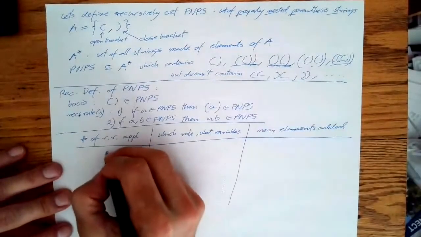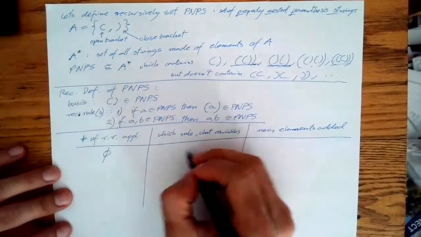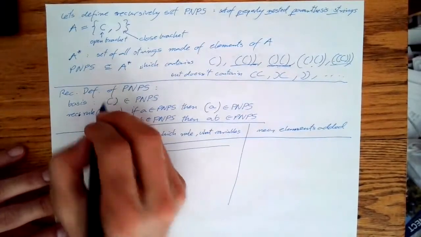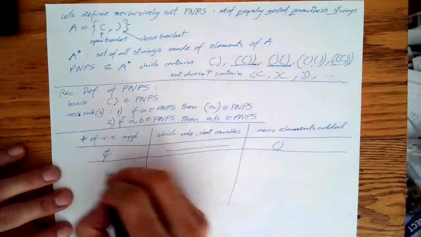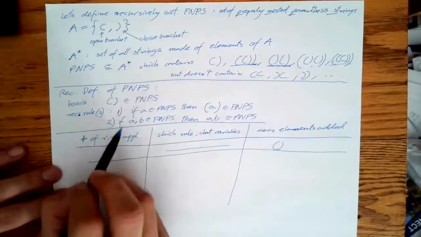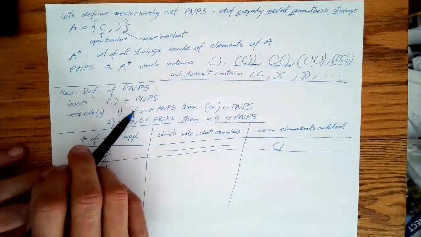Okay, easy case, no recursive rules, right? So I'm not binding anything. I'm just adding the element that is put there by the base case. Okay, one run of recursive rules. Well, we already went through this.